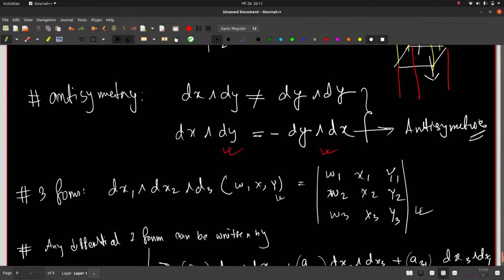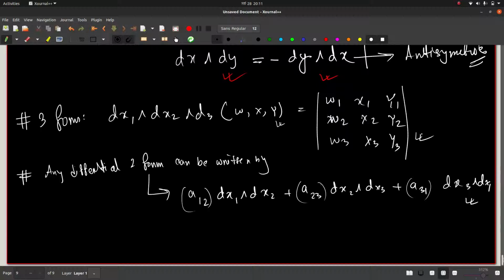It's as simple as that. So that's why we try to maintain a cyclic order, so that we don't have to come up with a minus sign in between. And since dx1 wedge dx2 is just minus dx2 wedge dx1, we want to absorb and simplify the coefficients as much as possible. So this is one way to see it.